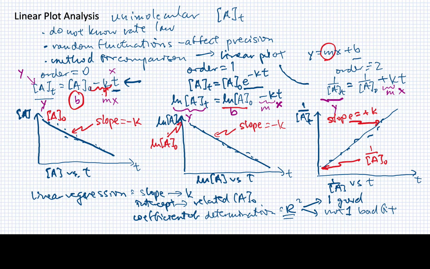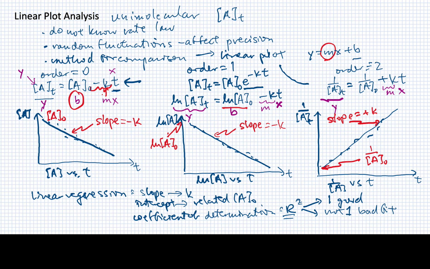Now what you'll have when you, for example, take a set of data and massage the data to make these 3 plots and do the linear regression analysis, is you'll get a value for R squared that is different in each case. So you look for the one that is closest to 1, because that's telling you that's the one for which the linear regression creates the best fit for your particular data.